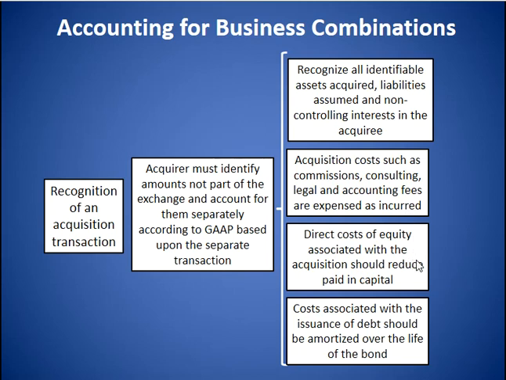Direct costs of equity associated with the acquisition, such as if we issue some new stock to pay for a portion or all of the acquisition, the cost associated with issuing that equity should be a reduction in the paid-in capital and shouldn't be included as an expense or part of the cost of the acquisition. Also, costs associated with the issuance of debt should be amortized over the life of the bond if we're going to be issuing debt within the transaction.